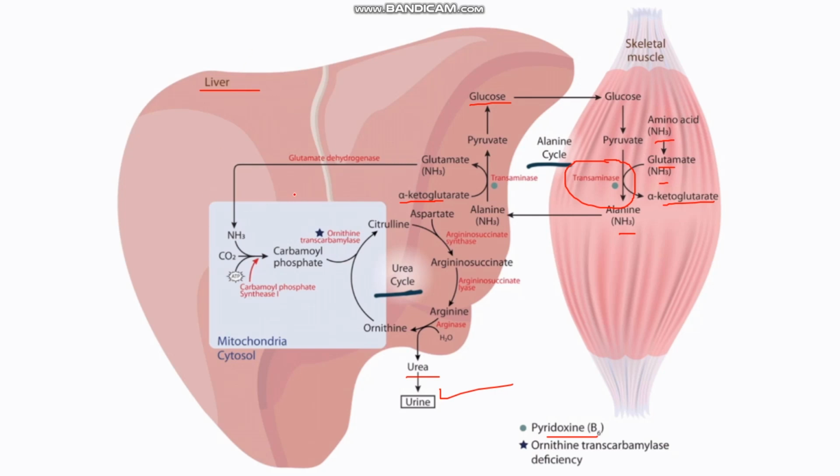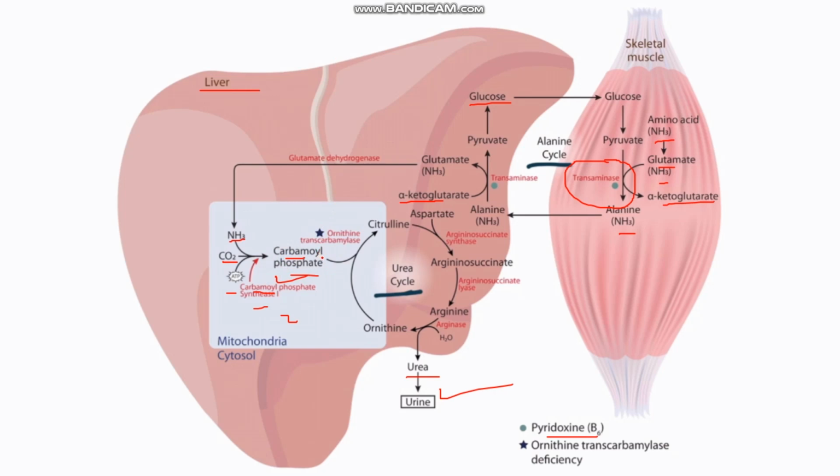What happens in the urea cycle? This free ammonia, carbon dioxide and ATP combine with the help of carbamoyl phosphate synthetase 1, just like carbamoyl phosphate synthetase 2, which we saw in pyrimidine synthesis. With the help of this enzyme, they are converted to carbamoyl phosphate.